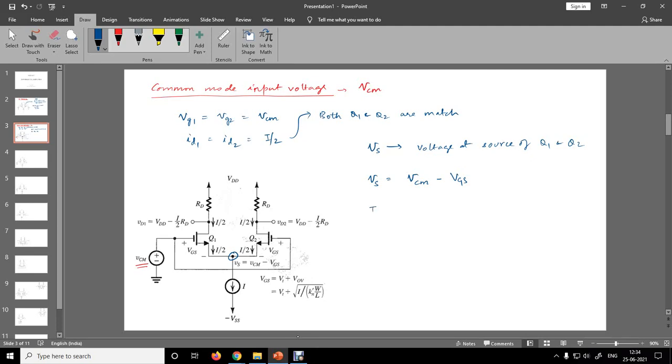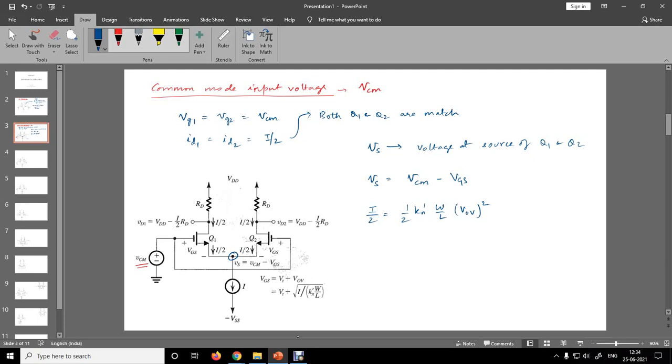So I can write I by 2 as a current, half Kn prime W by L into VOV whole square. This current equation is common for both Q1 and Q2.